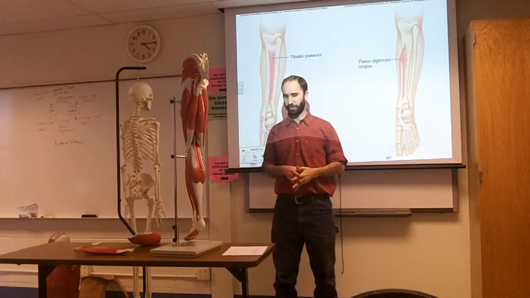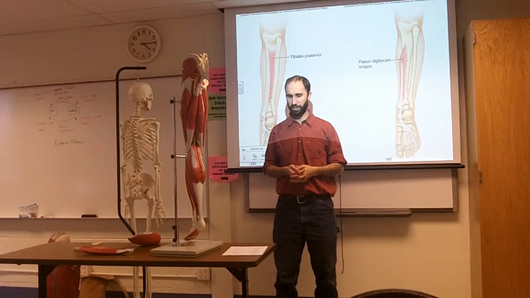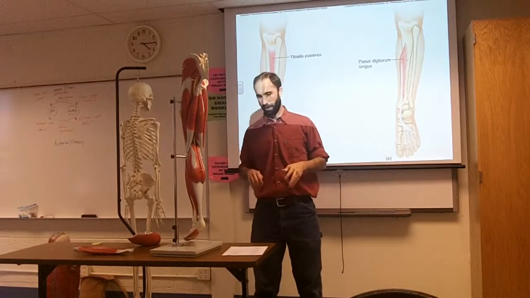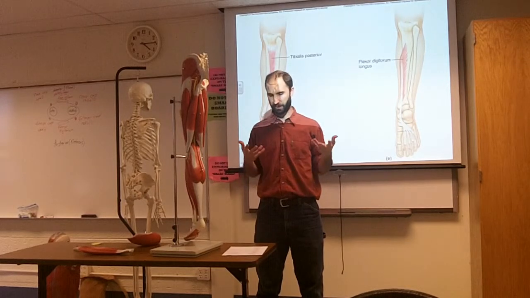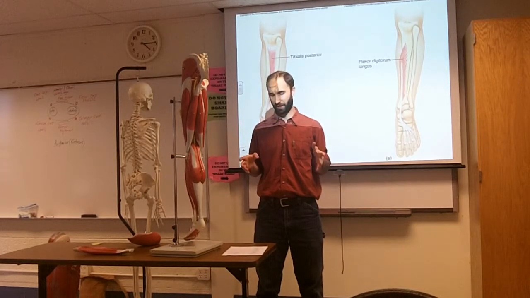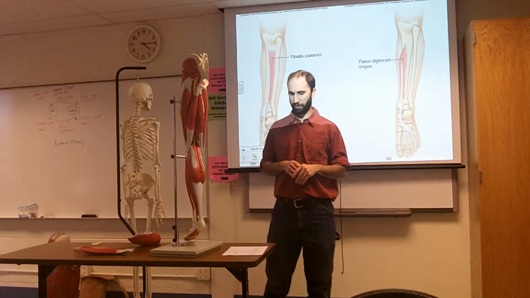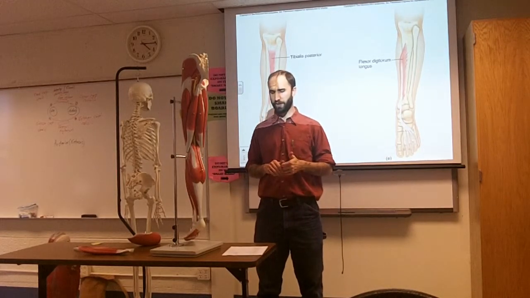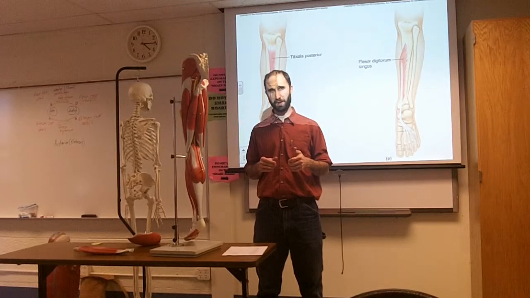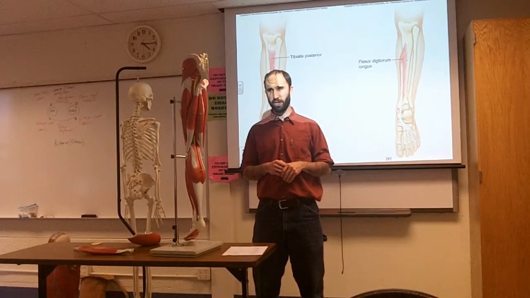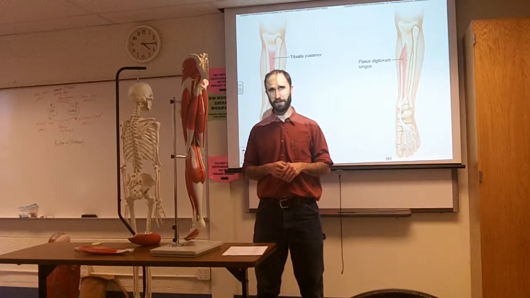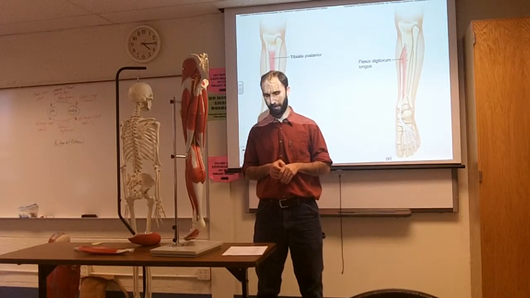You also have a flexor hallucis longus, and for some reason it didn't make the list. I'm not sure how that happened, but whatever. Don't worry about flexor hallucis longus, but it's obvious. It goes to your big toe, whereas flexor digitorum longus goes through toes 2 through 5. Because we have separate muscles going into the big toe, this is why you can really isolate the big toe a lot more effectively than you can toes 2 through 5.